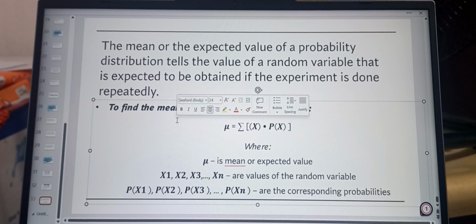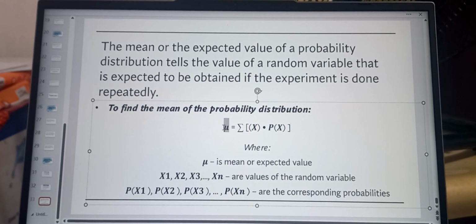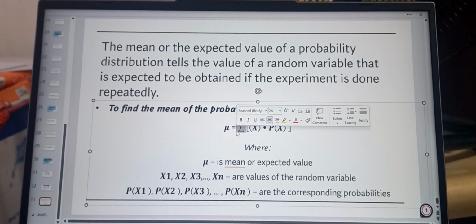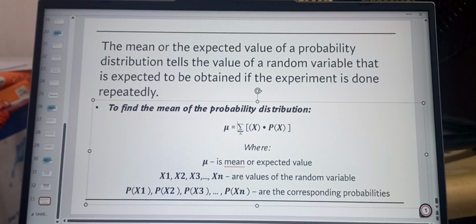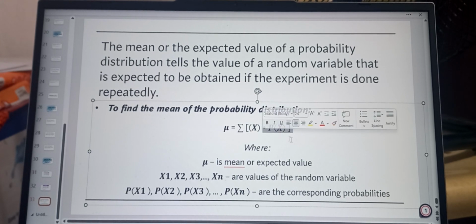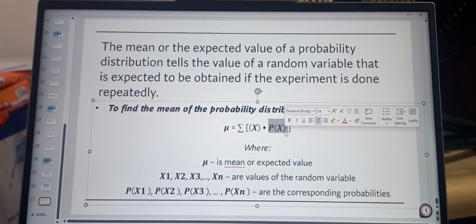Okay, so that's the meaning of the mean or also known as the expected value of a probability distribution. Okay? So, here is our formula for the mean. Mean, ito po yung symbol natin for mean, is equal to the summation. Diba, ginagawa natin yung summation? Diba, in-add natin sa dulo. Yun po yung ibig sabihin ng summation. Yung x, that is the random variable or the first column, multiply, yung dot na yan is multiplication, yung P of x, that is the probability of x, which is given naman na sa ating table.